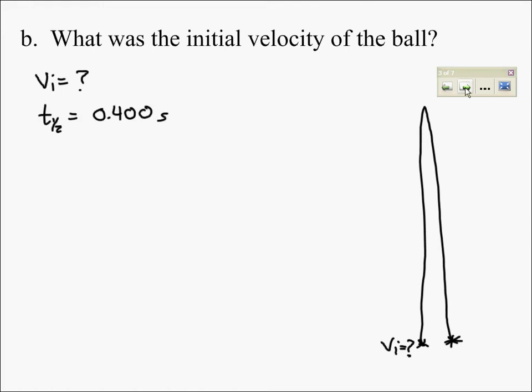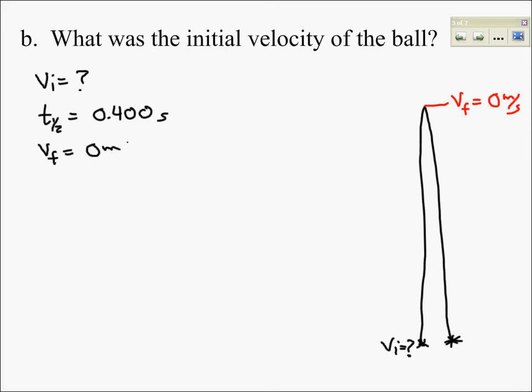You remember what the velocity at the top is? If we call that VF, that's 0 momentarily. So VF is 0 meters per second. And our acceleration, since the ball's going up and down, I want to use negative 9.8 meters per second squared.